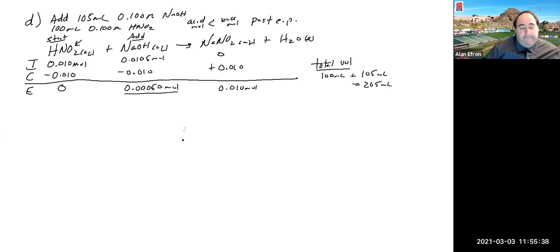And so I'll try that number again, 0.205 liters and 0.205 liters. And if we do that, we will end up with 0.00244 molar for that guy and 0.0488 molar for that guy.